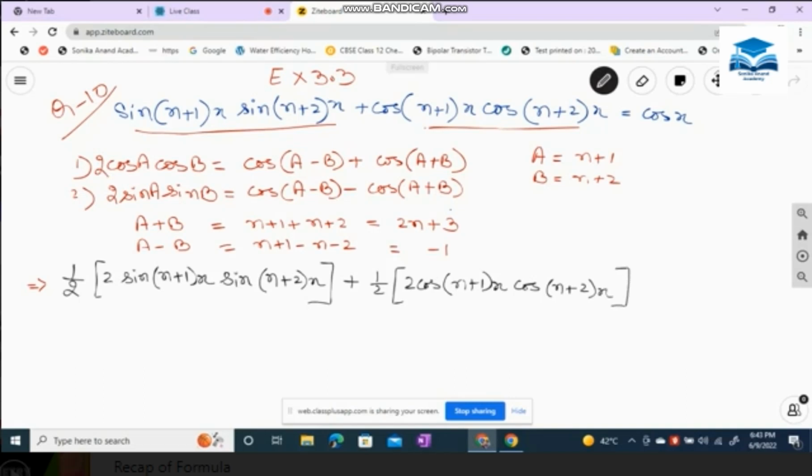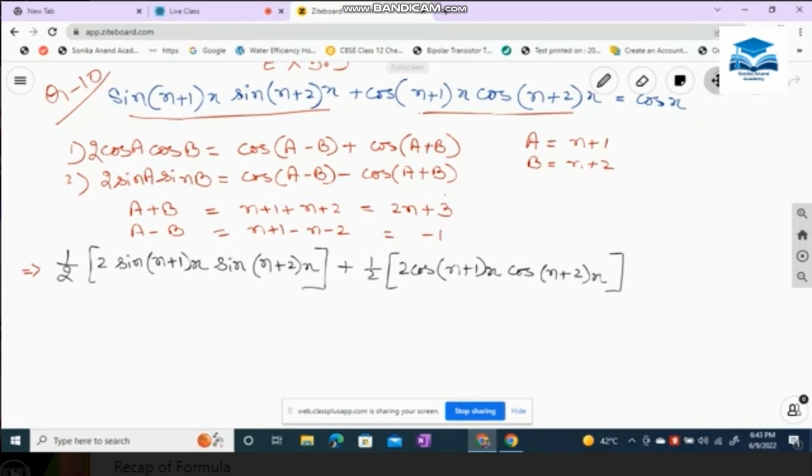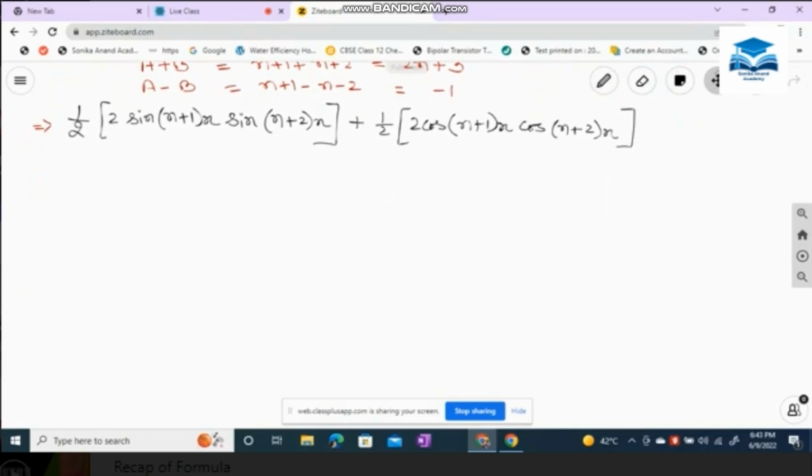Clear? Now in case of sin A sin B, it becomes half cos of A minus B, that means n plus 1 minus n minus 2.